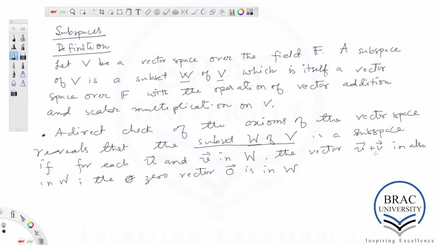The zero vector has to be in W. For each U in W, its additive inverse, negative U, has to be in W. Okay.